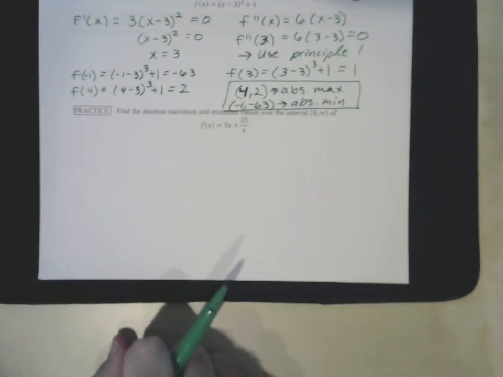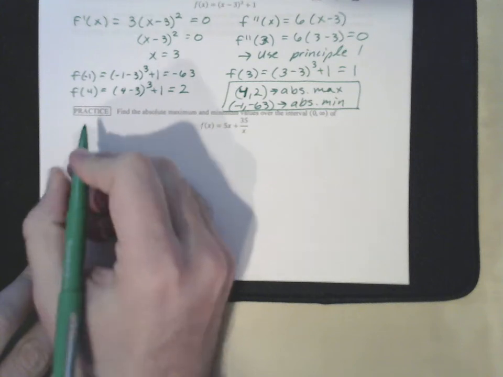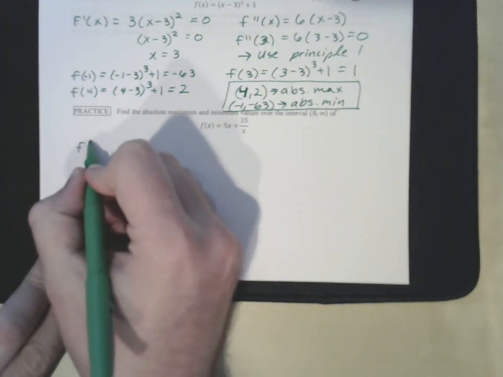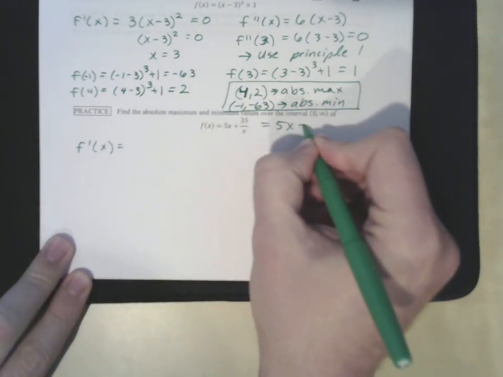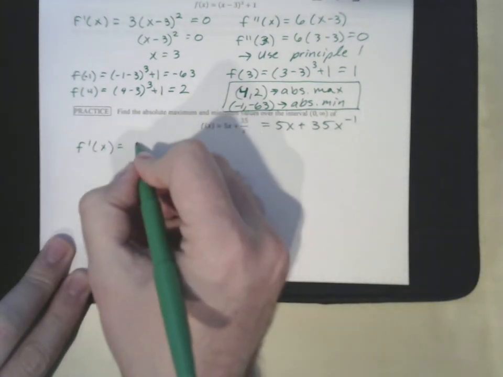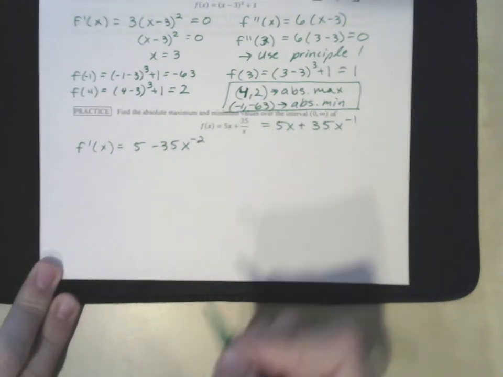So in this one now, again, I recommend you try this out on your own. So I'm going to walk through it now. You should have already finished your problem. So f prime of x: if I rewrite this as 5x plus 35x to the negative 1, I know that my derivative is then 5 minus 35x to the negative 2.